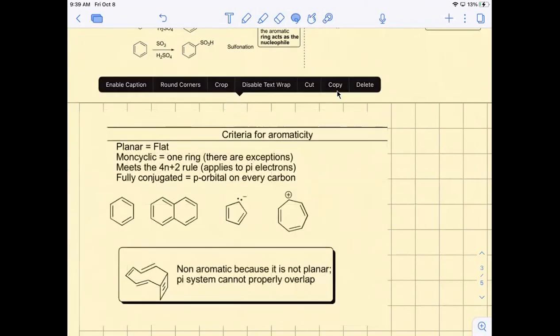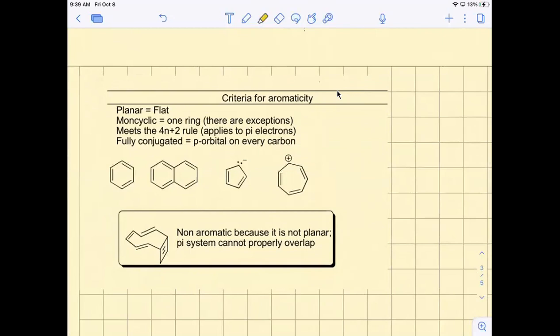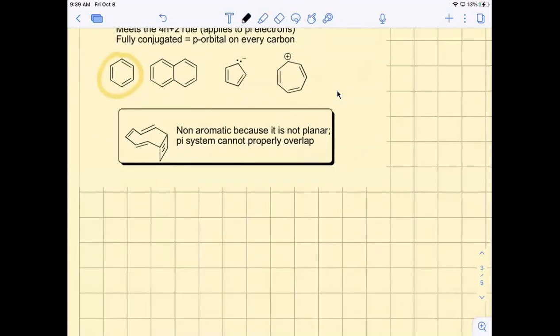All right, so these examples, we've already talked about benzene, right? Let's look at naphthalene and see if it matches. So I'm going to draw this, just redraw it.